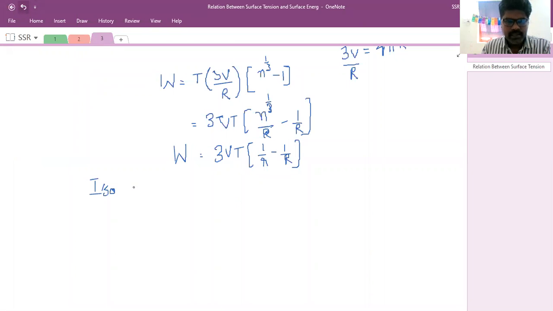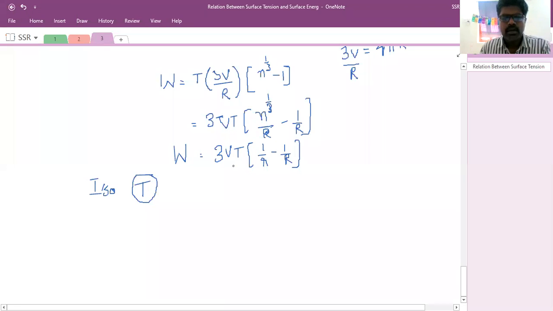If the splitting process happens isothermally, at constant temperature, then first of all energy is either released or absorbed. So from bigger drop to smaller drops, area increased. Area increased means final area minus initial area. So work is done to increase the area on the bigger drop.